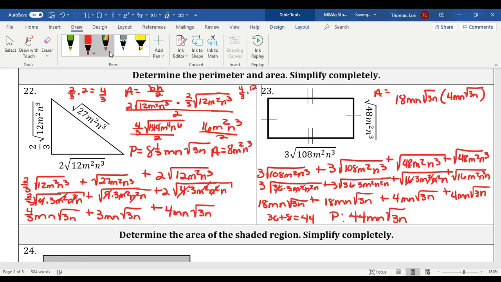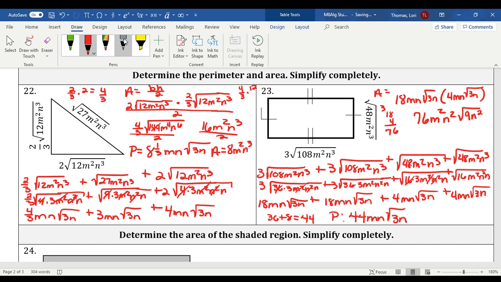So 18 times 4, that's going to be 36. So that's 76. 8 times 4 is 36, yep. So 76 m squared n squared times radical 9n squared makes a perfect square.